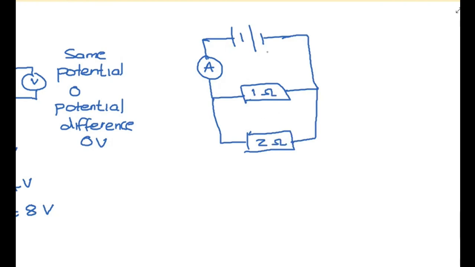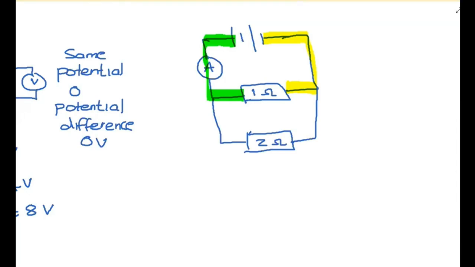As it stands here, the charged particles are not transferring any energy. So let's say a charged particle goes through the 1 ohm and transfers energy, so there's a potential difference across the 1 ohm. Once it leaves the 1 ohm, it goes back to the battery. Why doesn't it now go backwards to the 2 ohm?